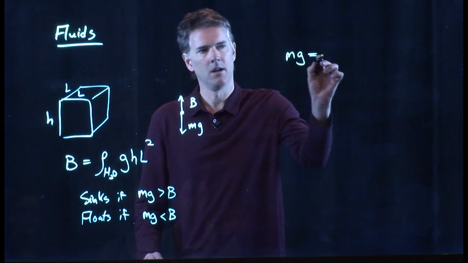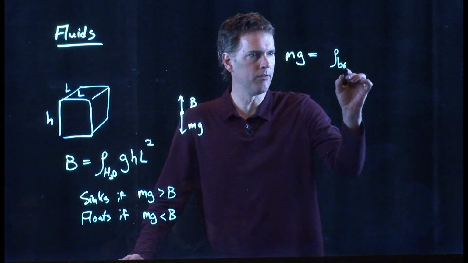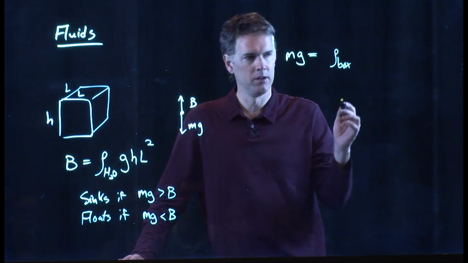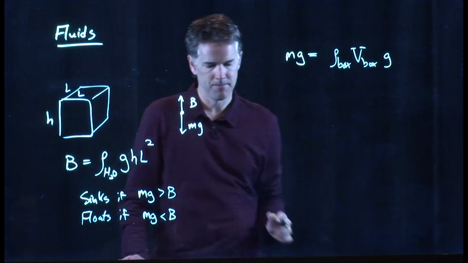Mg is the weight of the box, and so it is the density of whatever that stuff is made of times the volume of the box times g.